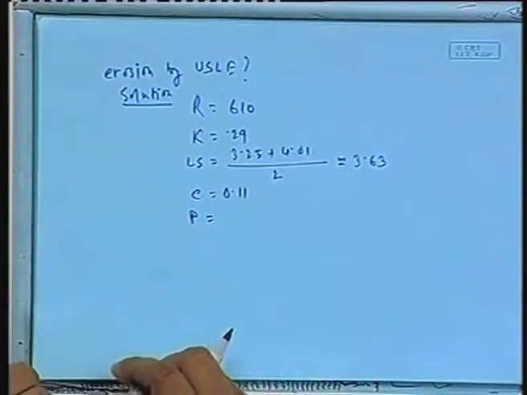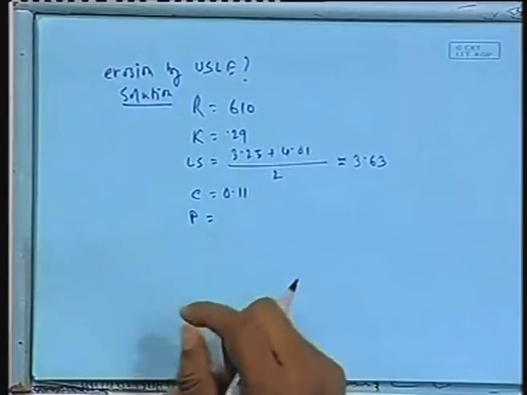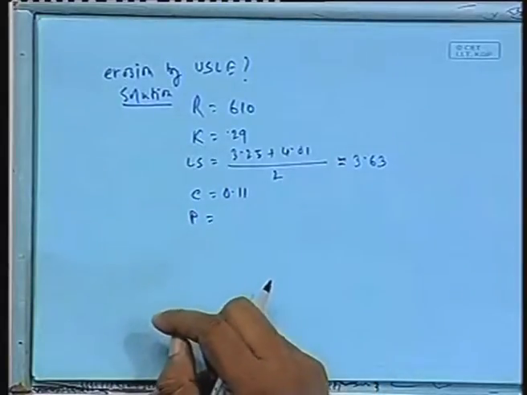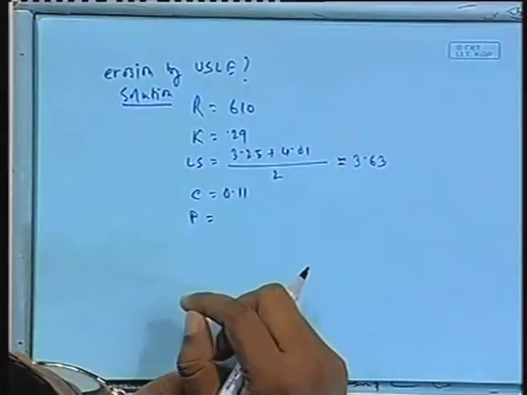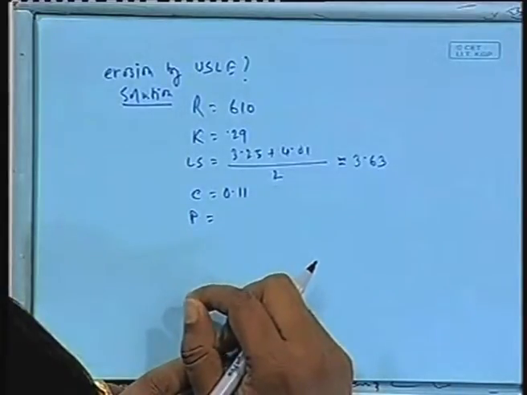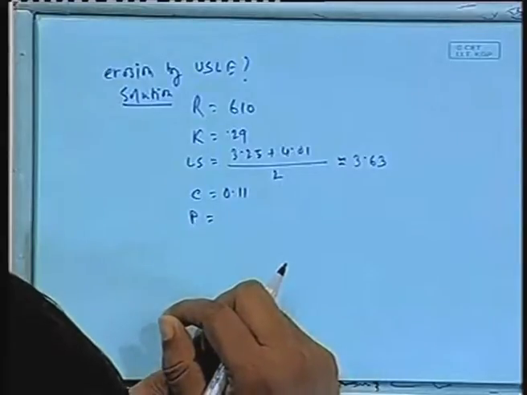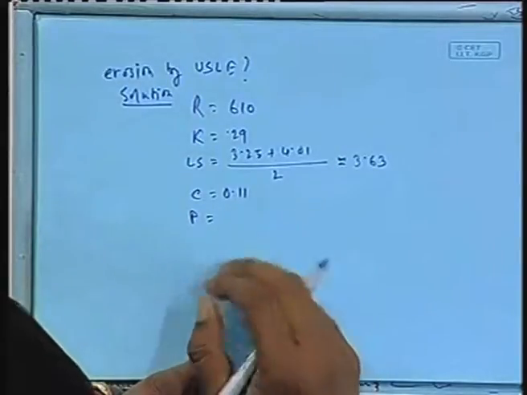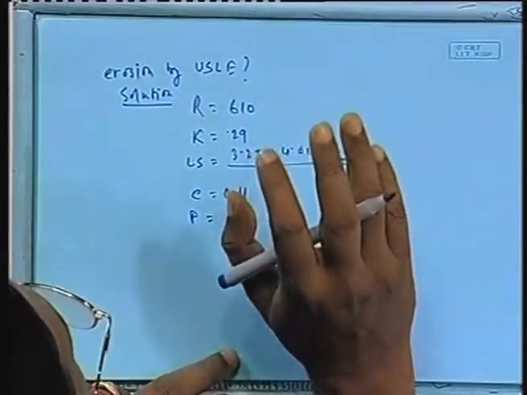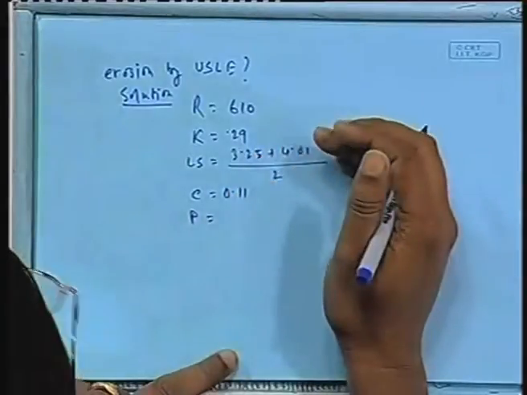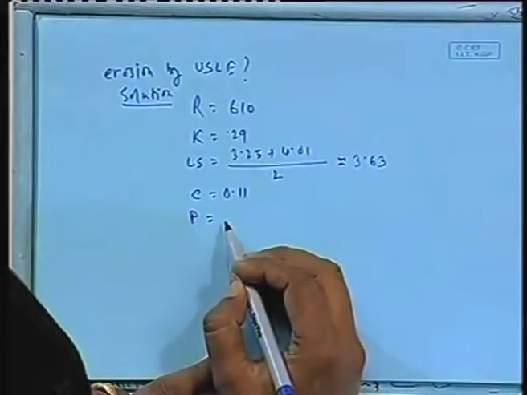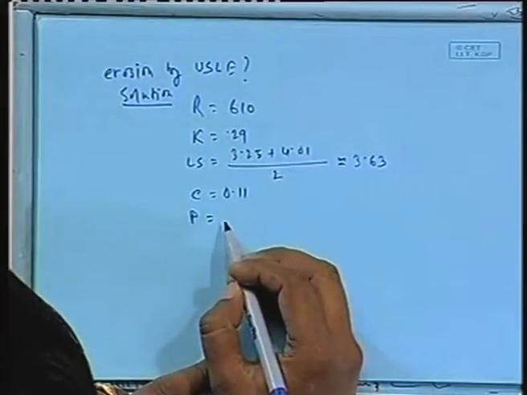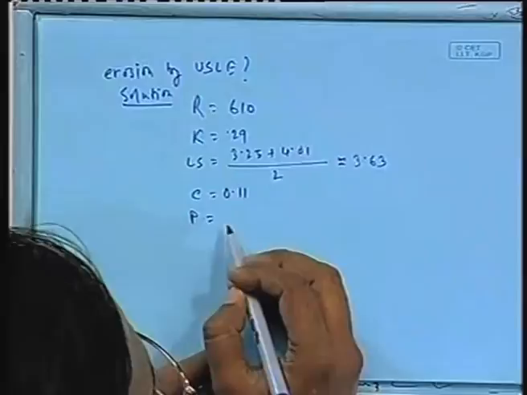The next is P. We said that certain mechanical soil erosion control measures have been taken for this slope, which is about 15% slope.